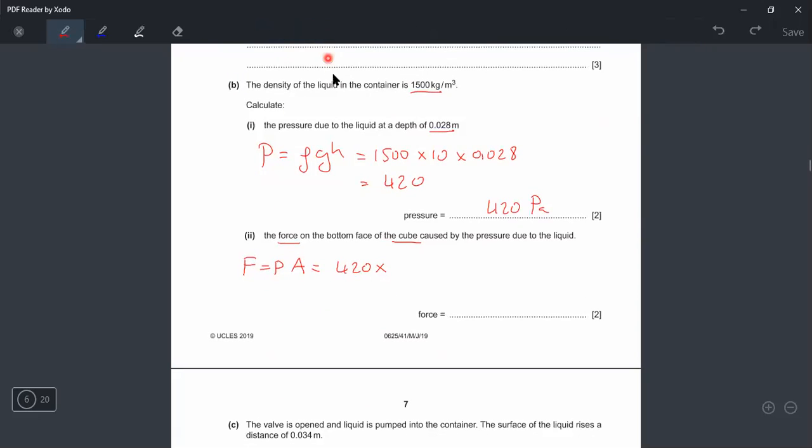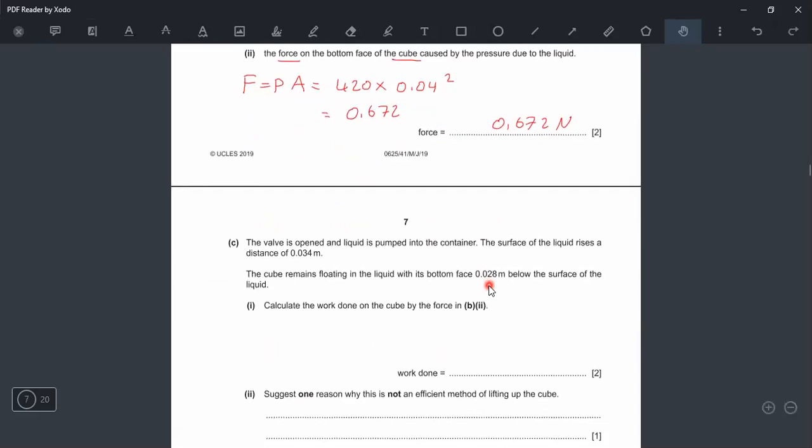So the area is going to be 0.04 squared. This gives us a final answer of 0.672 newtons. Or 0.67 newtons, that's fine.